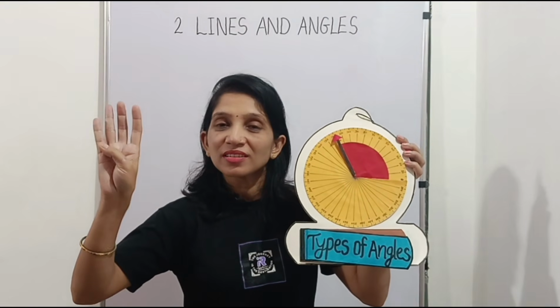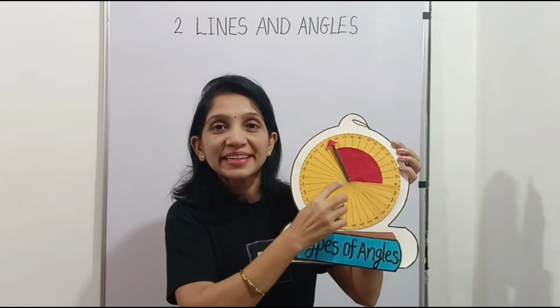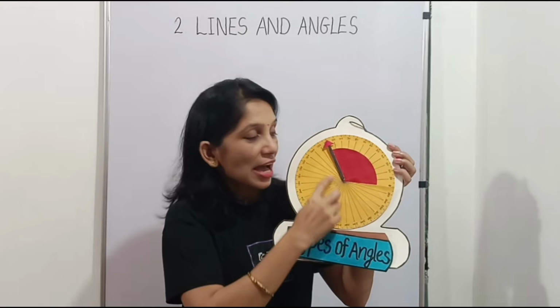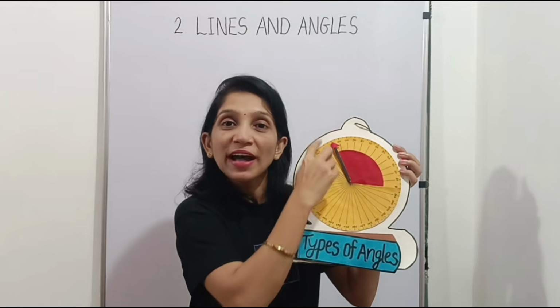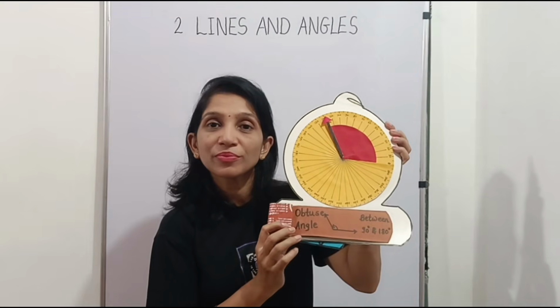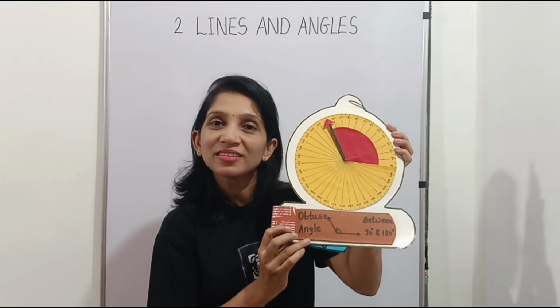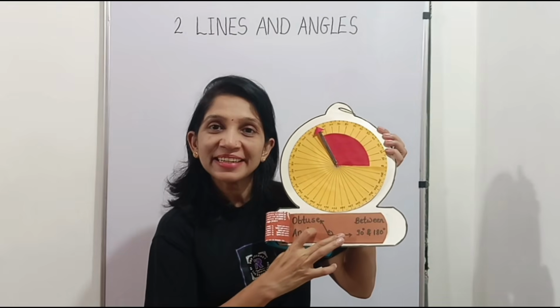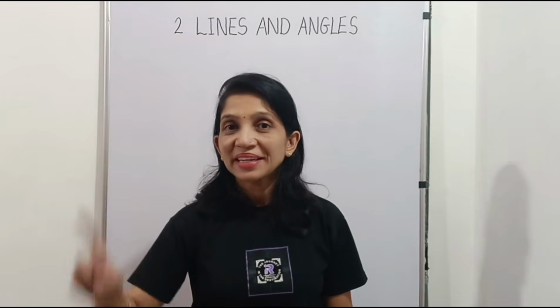Suspect 4. 120 degree. Both arms are making a wide opening. Code name, obtuse angle. Rule, between 90 degree and 180 degree.